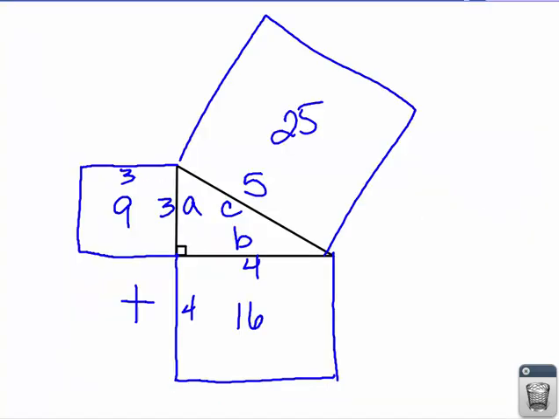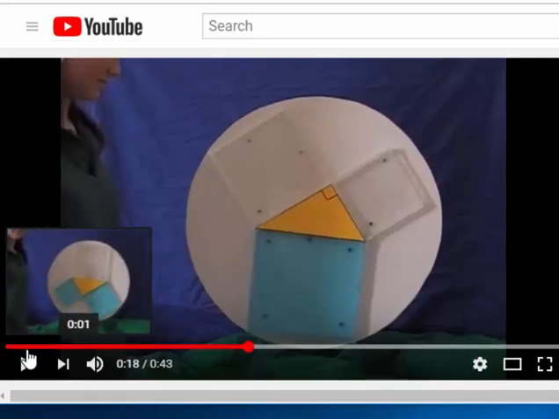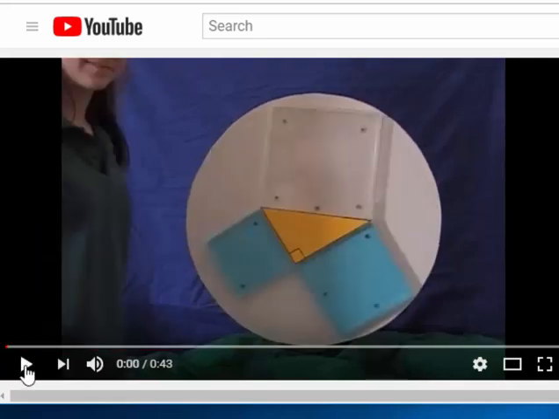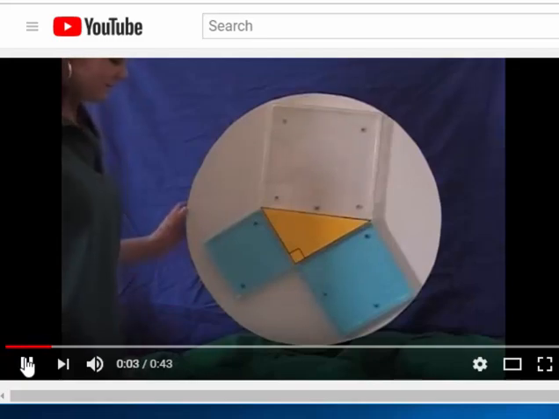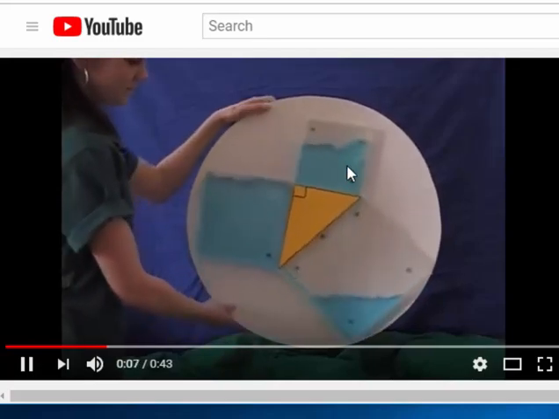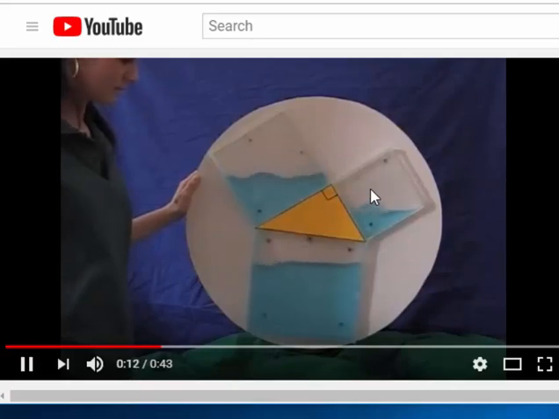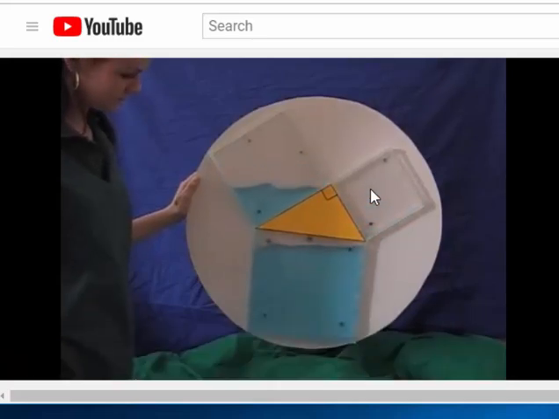Now what I'd like to do is show you a little video demonstrating this example. Okay, so let me minimize this, and we're going to play this little video right here. Okay, this is called the water video. You'll notice we've got water in this leg and water in this leg. Those are the two legs. And all that water from those two sides pours out and fills the hypotenuse square.